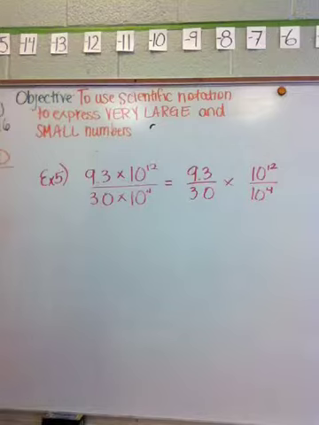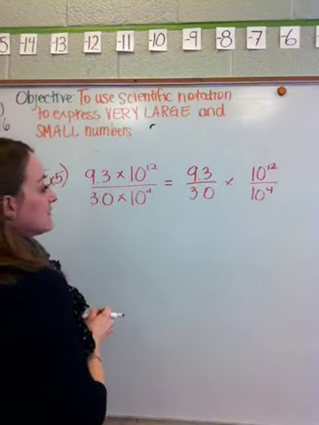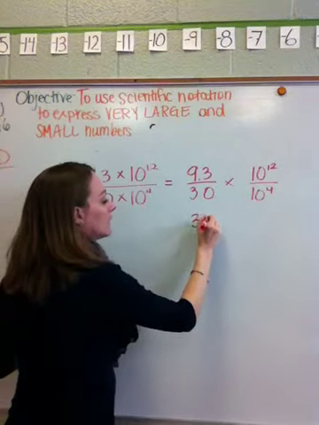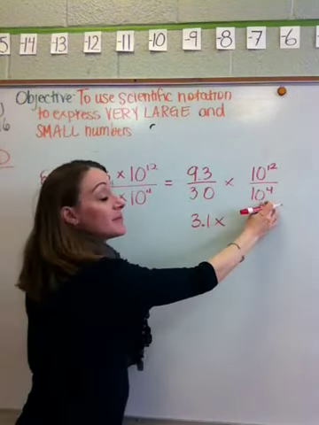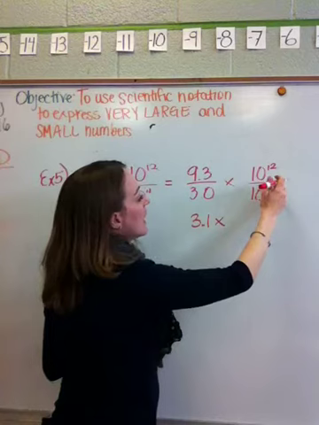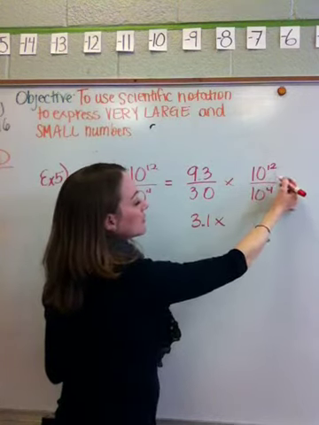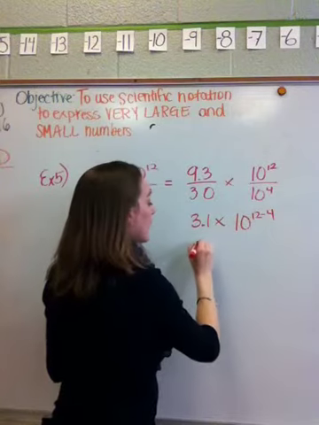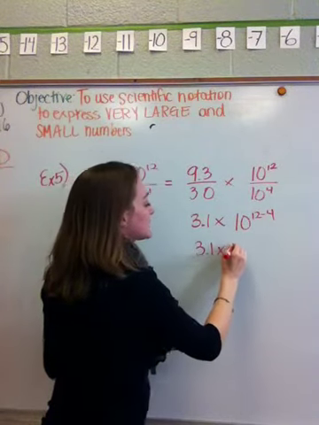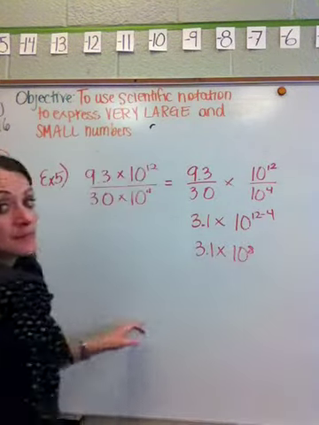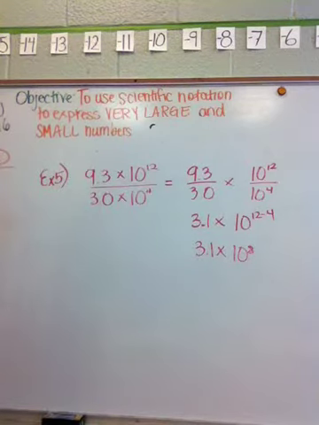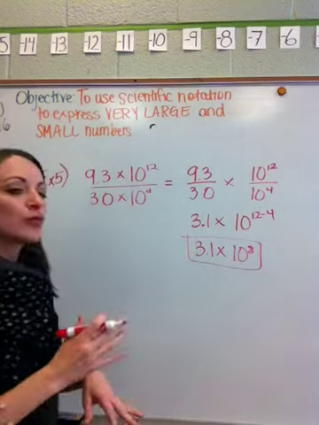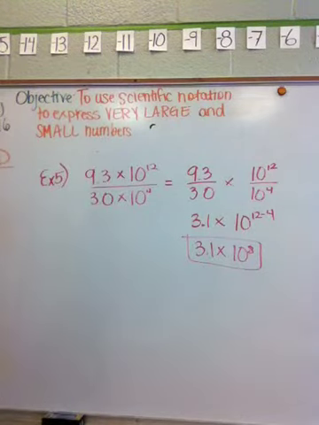So let's divide 9.3 by 3, and I get 3.1 times, and here are my exponent rules in action. I have 10 to the 12th and 10 to the 4th, which is the same as saying 10 to the 12 minus 4 power. So I have 3.1 times 10 to the 8th. Does that make sense? Did you follow?